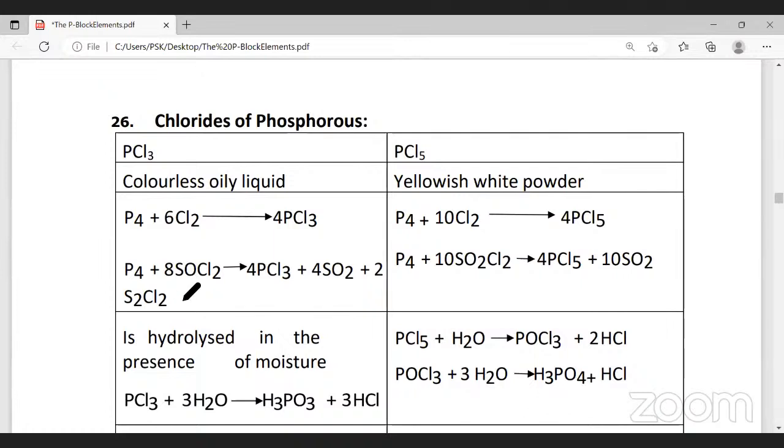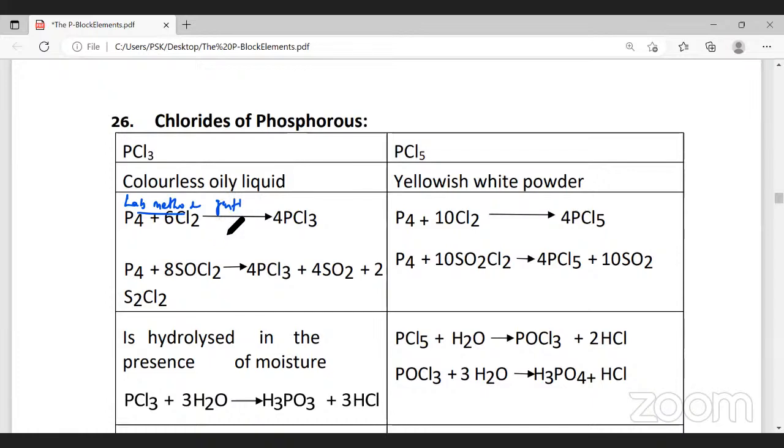Now, how can we prepare PCl3? There are many methods. In that, 2 methods are given. The first one is a laboratory method. In the lab, how can you prepare phosphorus trichloride? Phosphorus is P4, white phosphorus. This is gently heated with dry chlorine. Gently heated, it's not strong heating.